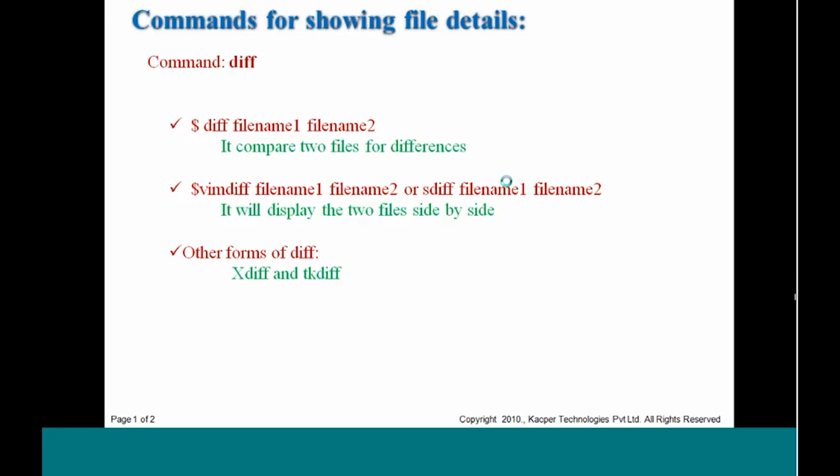And the good thing about all these commands is you can display the differences, and then you can merge the differences. You can merge file A's differences to file B, or file B's differences to file A, in whichever way you want. Essentially, you can even make both files exactly the same. So whatever is in A will go into B and whatever is in B will go into A, things like that.